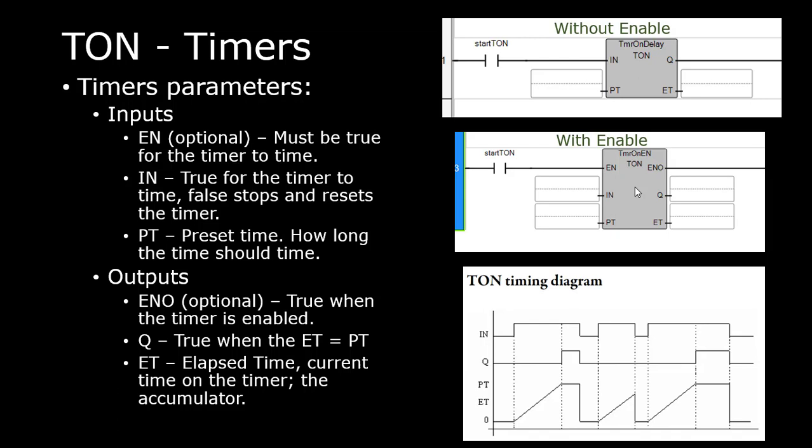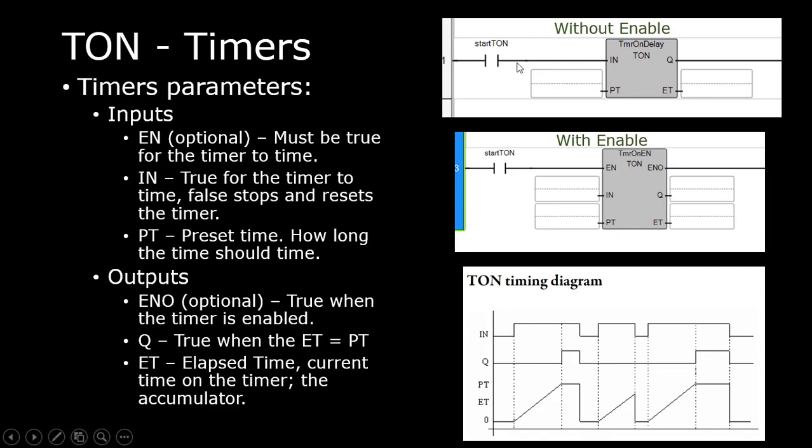So the inputs to this timer are labeled IN on either one of the timers. Now, in order for the timer with the enable input to function, the enable input has to be true. Without the enable, naturally, there is no enable, and the timer will function when the input connection goes true.